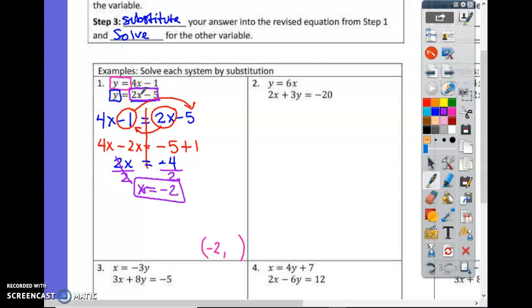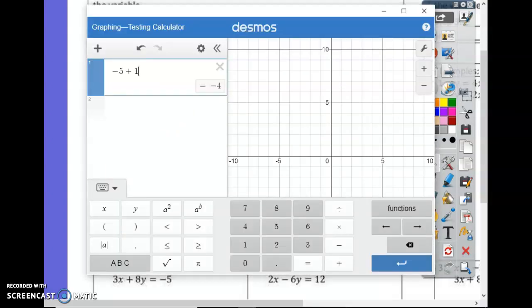My x, we just found out, is -2. So I'm going to put -2 right there. So I have y equals 2 parentheses -2 close parentheses minus 5. Okay, my -2, I put it right here where the x was. This was my x. So all you have to do is type this in Desmos. 2 parentheses -2 close parentheses.